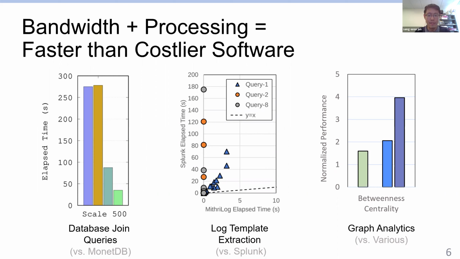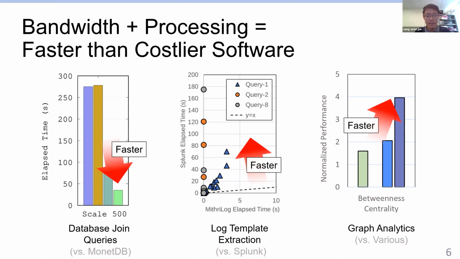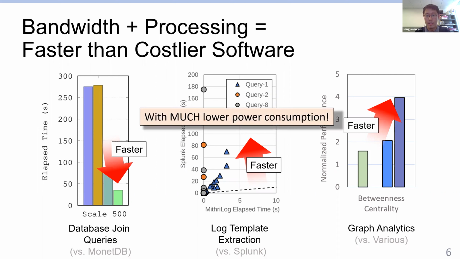These three are from some of the papers that we've published within the group for database join queries compared against MongoDB, log template extraction against Splunk, and graph analytics versus various storage-based and in-memory graph analytics systems. We have demonstrated that with careful design of the accelerator, we are able to achieve much faster performance compared to costlier software, again, with much lower power consumption.